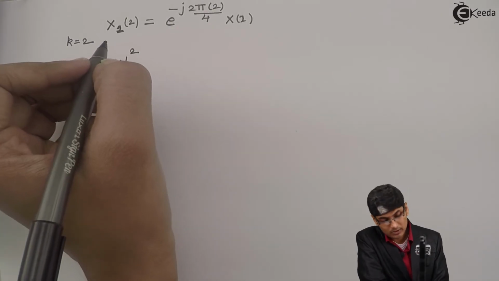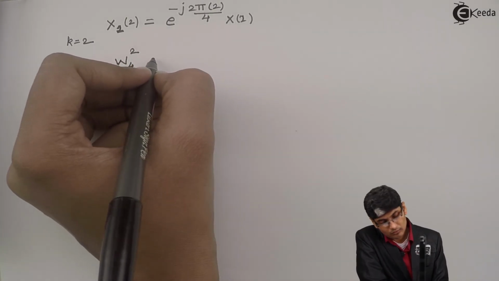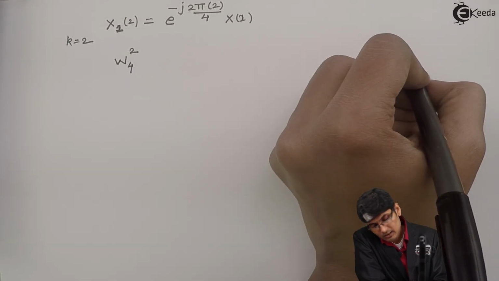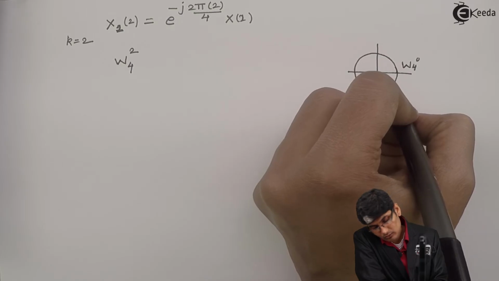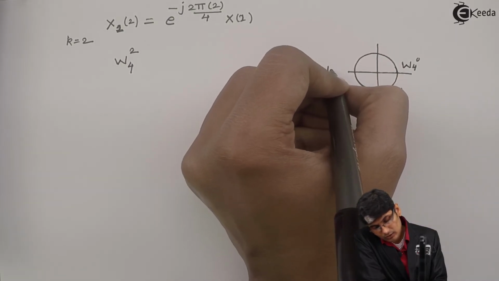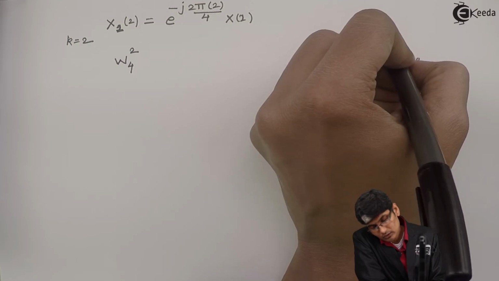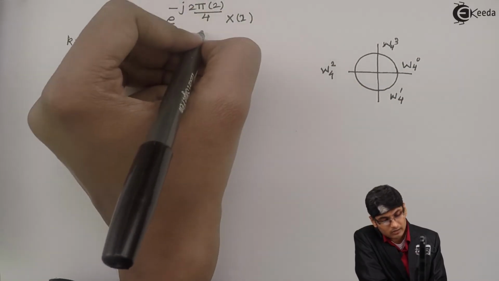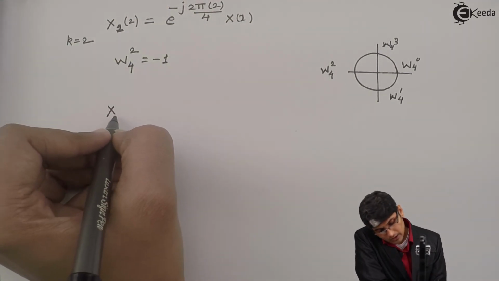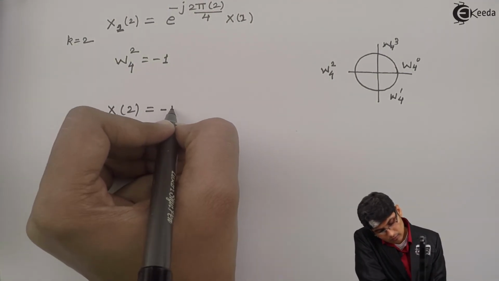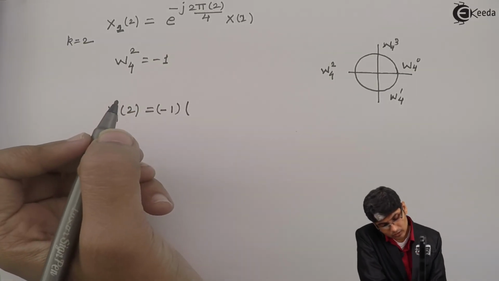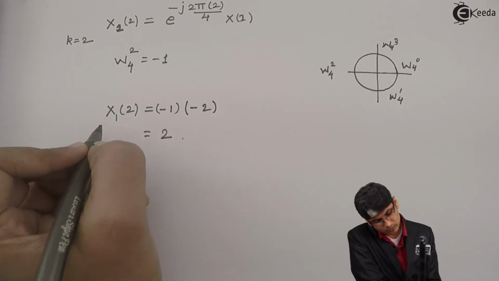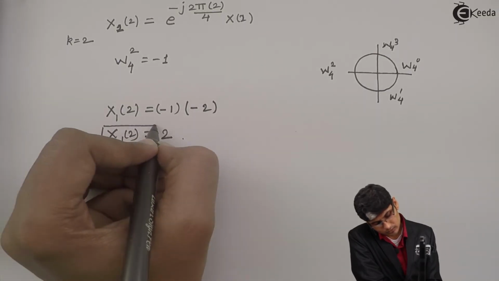So, that will be 2. So, from the previous circle we can say that this is W 4 raised to 0, W 4 raised to 1, W 4 raised to 2 and W 4 raised to 3. So, this is minus 1. So, in this case this factor is minus 1. So, I write x1 of 2 equals to minus 1 into x of 2 was minus 2. So that gives me plus 2. So x1 of 2 is plus 2.